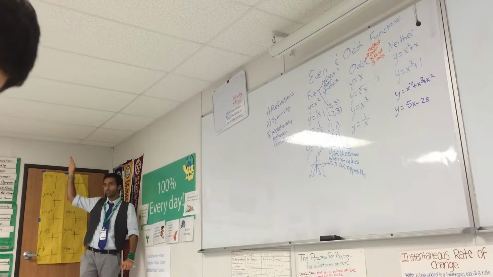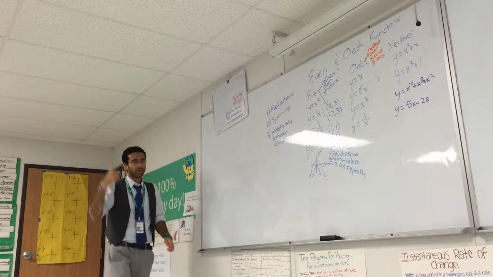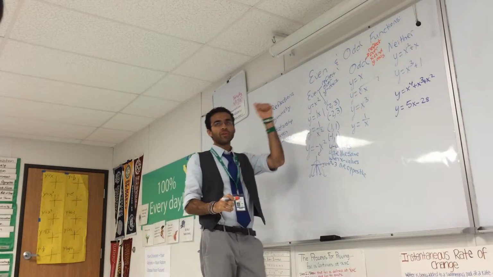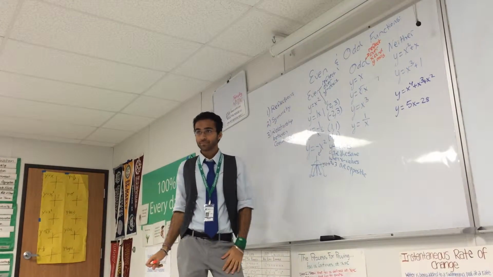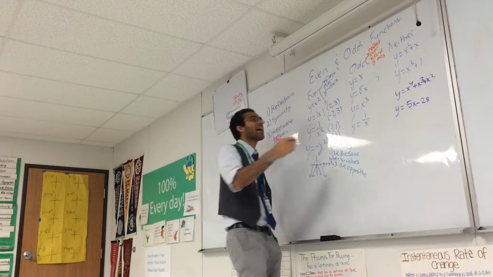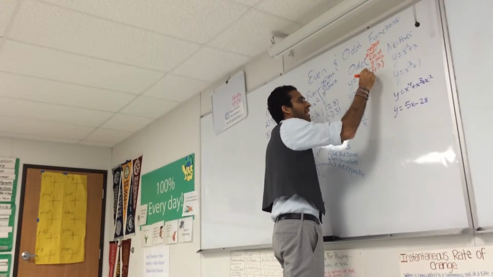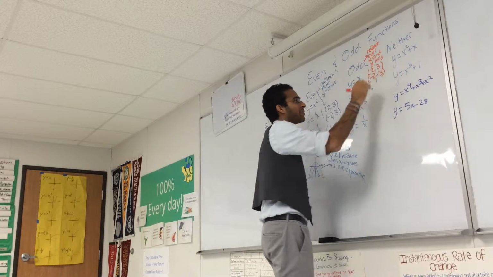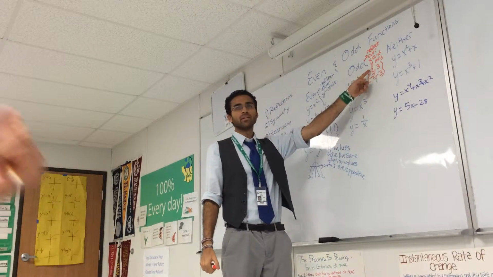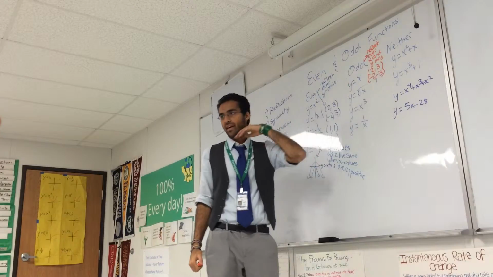It reflects over the y and the x, or x and the y, doesn't matter. It reflects over both the x and the y axis. So, if I have the point 2, 3, I will have negative 2, negative 3. The reflection affects both x and y coordinate.